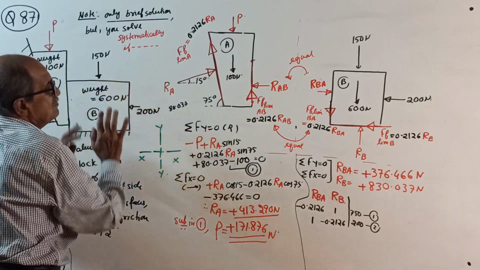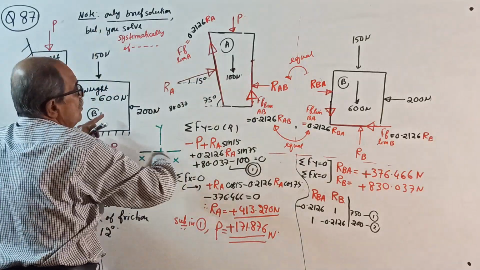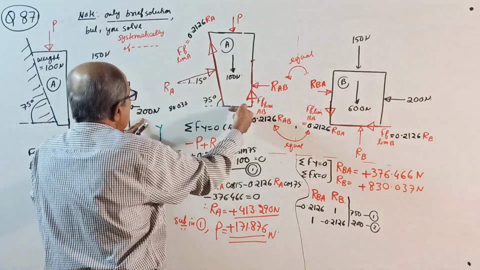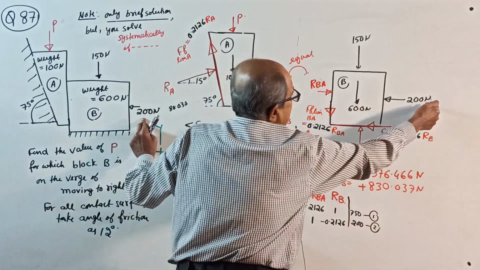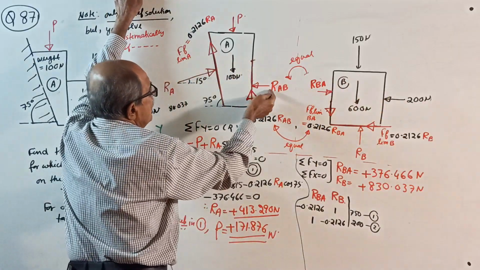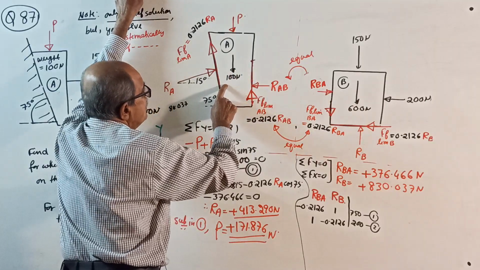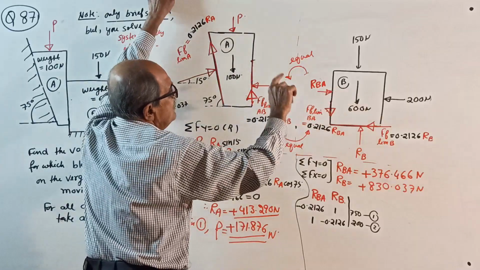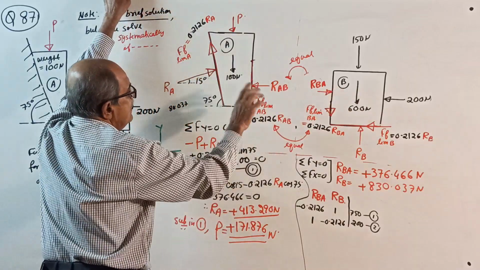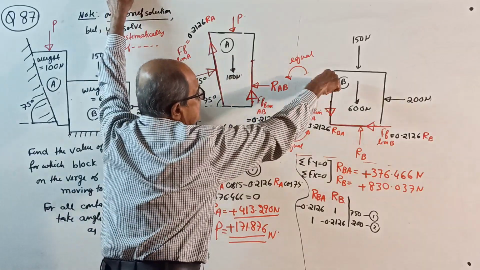Free body for B: 150 down, also weight 600 down. Somebody is troubling by applying 200 this side. Then RAB, the normal reaction for A from B, reversed, is the reaction or force acting on B from A. If friction is up here, it is down here.